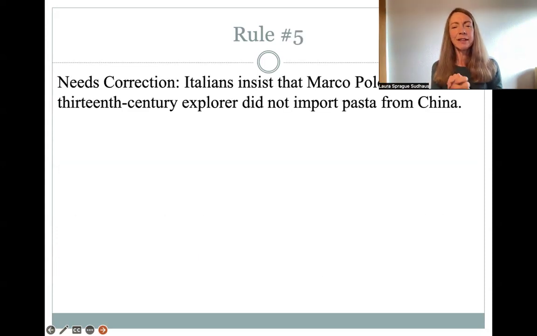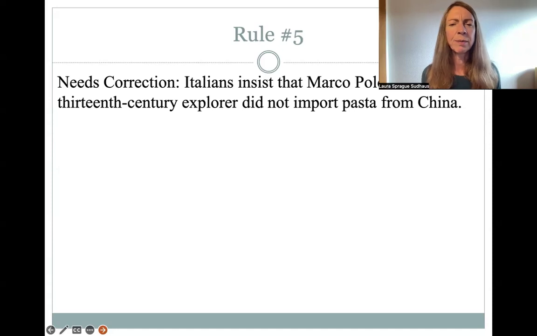Here we go. This is actually from the exercises that you're going to do. I believe those exercises are on page 57 for you. So you can already look at that sentence. Italians insist that Marco Polo, the 13th century explorer, did not import pasta from China.